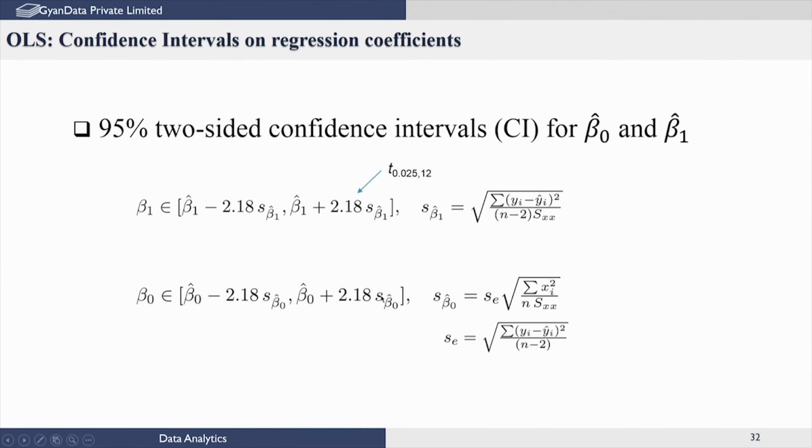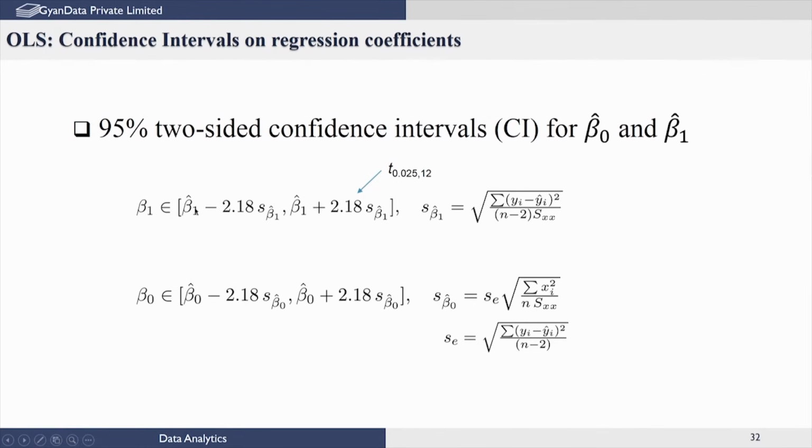Notice that we have constructed the confidence interval for beta 1. So, the term beta 1 hat minus 2.18 times its standard error may be negative and the upper end may be positive, in which case this interval includes 0, and then we conclude that beta 1 is insignificant and the true beta 1 is equal to 0.